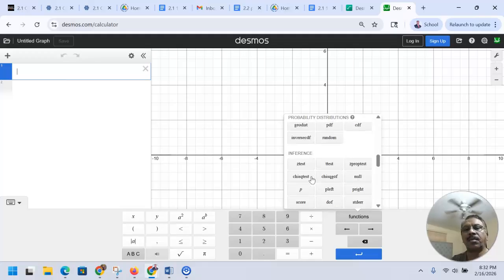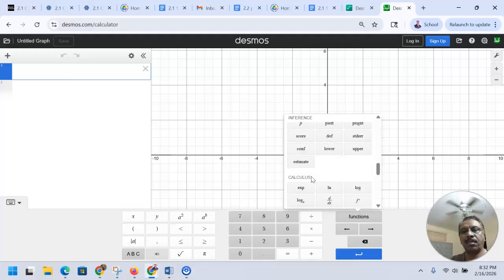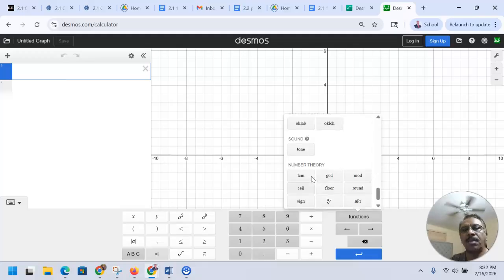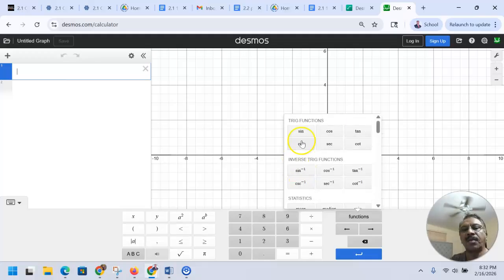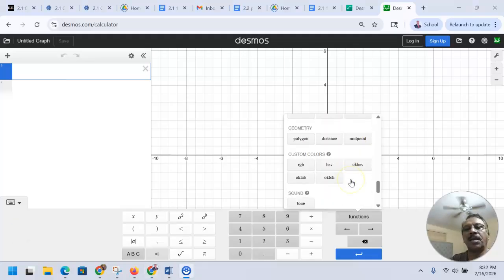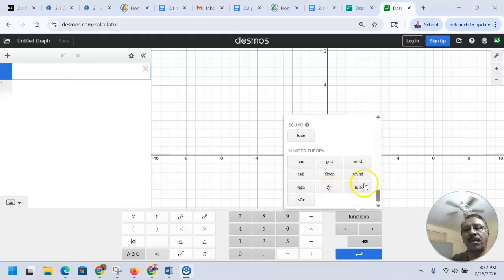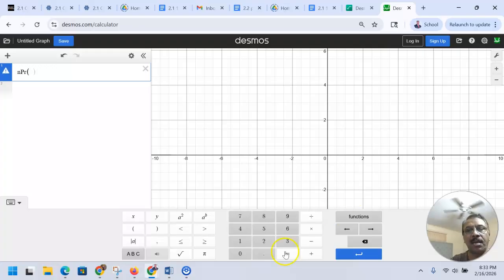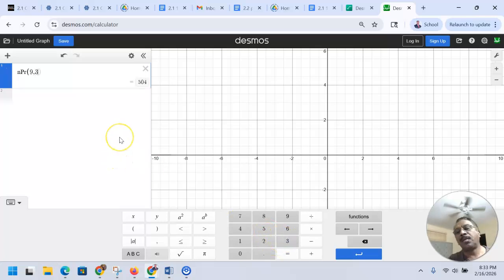I think you have to go all the way down. Here it is, nPr. So put a 9, comma, and you click on 3. There you go, 504. If you get confused with your calculator, I will come and help. Don't worry. Let's move on.